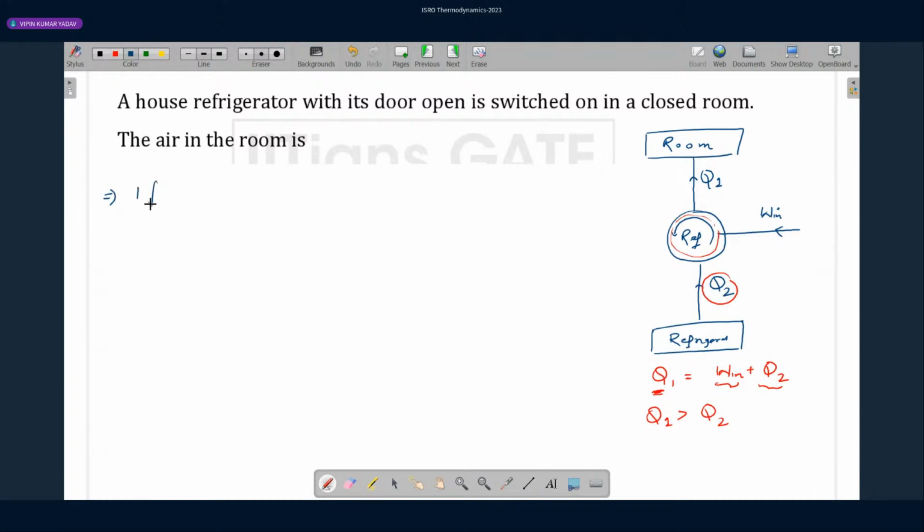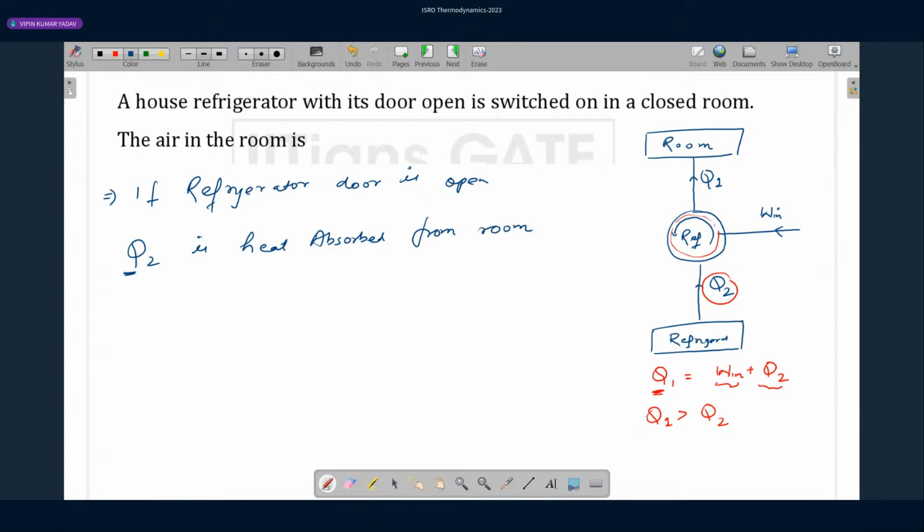Now, what will happen when the door is open? So if refrigerator door is open, then there is no clear boundary for the refrigerator to take the heat, right? Then what will happen? So now Q2 is the heat absorbed from room.